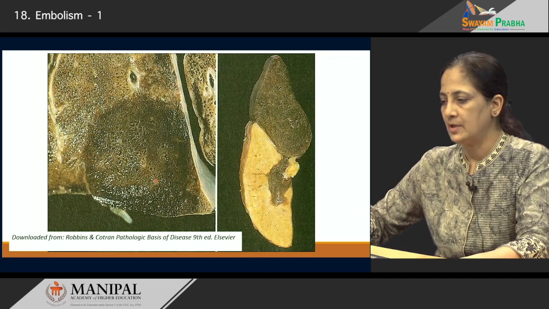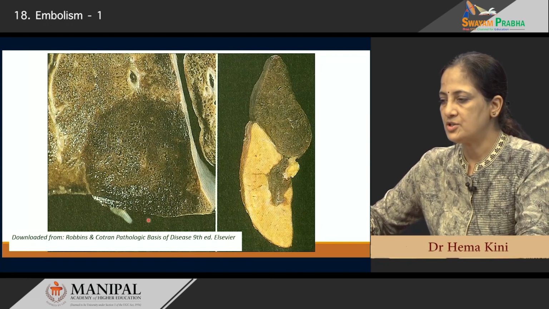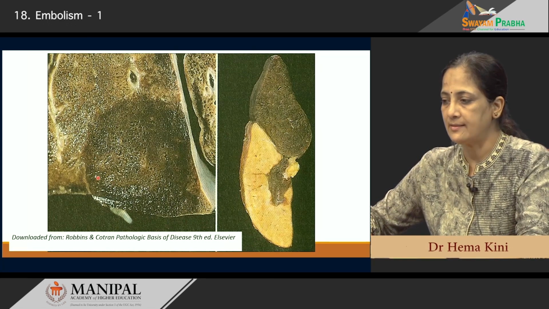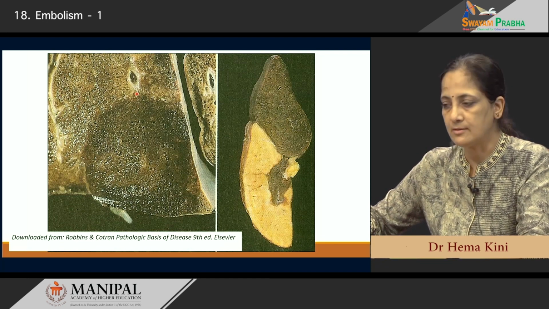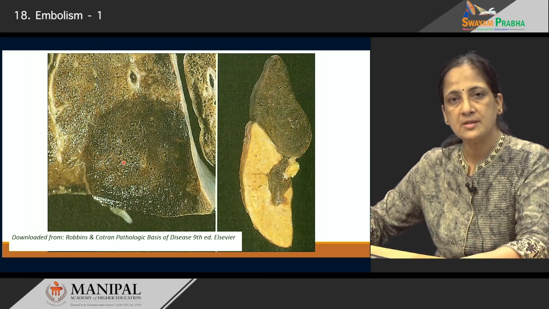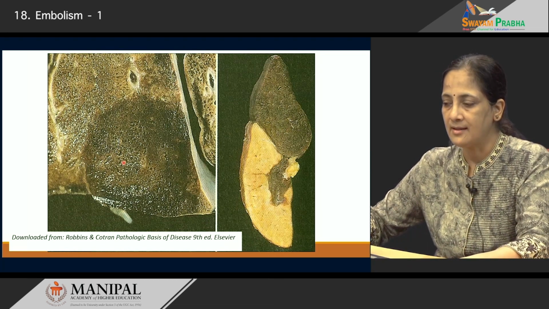In this picture, you can see that there is infarction of an area of the lung parenchyma due to occlusion of one of the pulmonary arterial vessels. The infarction in the lung usually looks red. This is because of the dual blood supply.